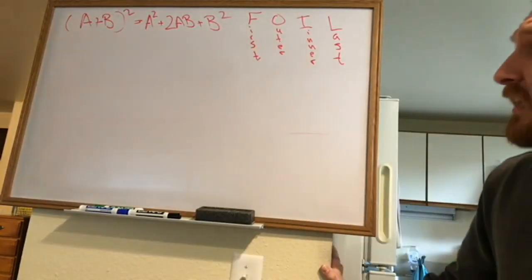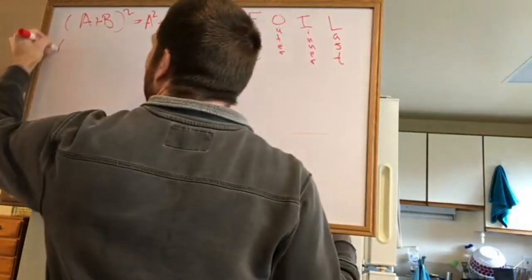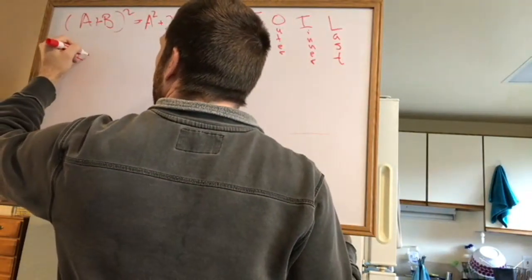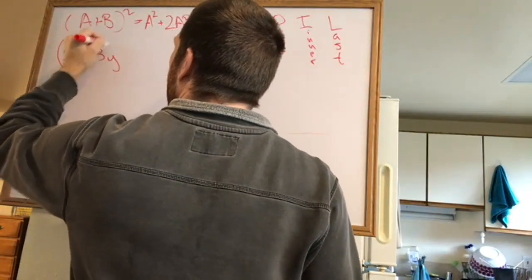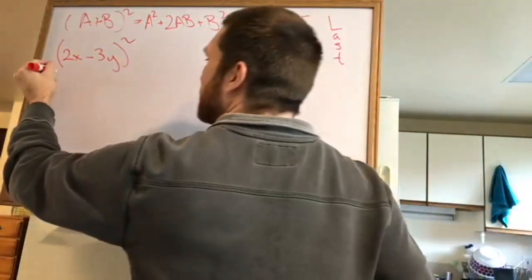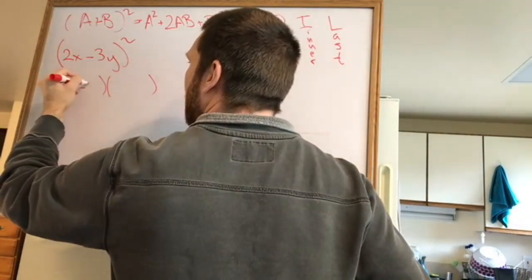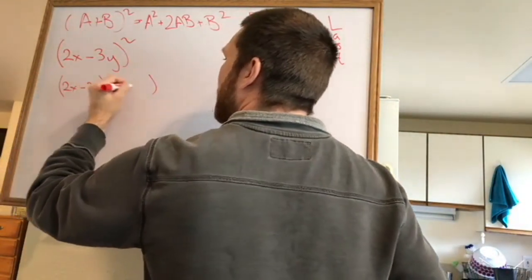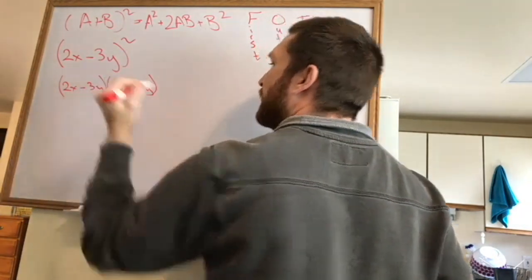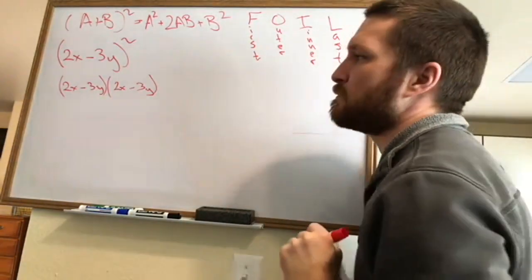Now, there's one thing I'd like to talk about real quick, which is what happens when there's a minus sign in between. So let's go 2x minus 3y quantity squared. This is something squared, so let's first, outer, inner, last this guy. What do I get for first? 4x squared.